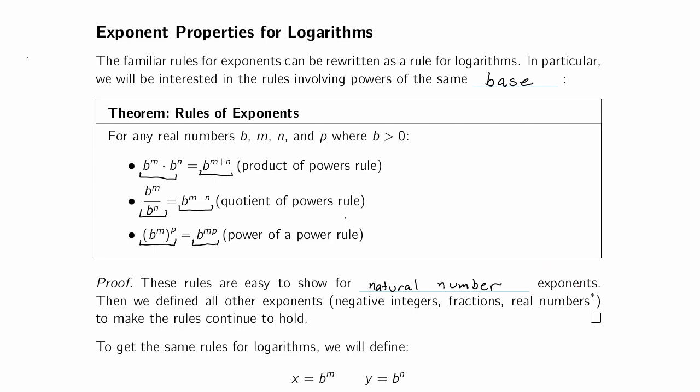I have a little star next to the real numbers. You may be thinking, wait a minute, you never really defined real number exponents. We defined fractional exponents, and then we just kind of said, we can write real numbers in exponents too, and it means something.